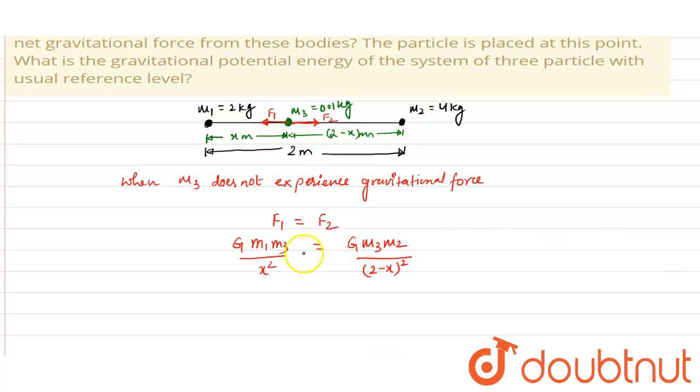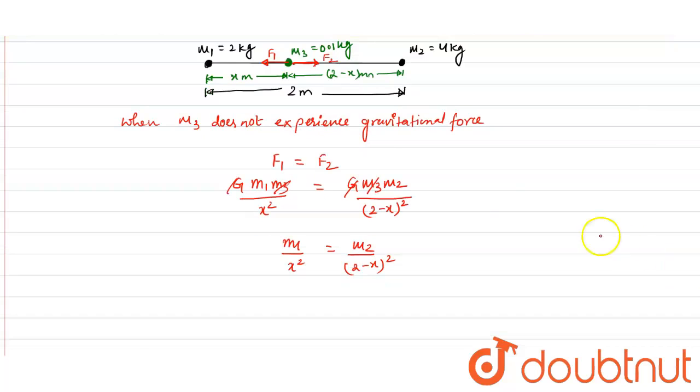Correct. Now from here M3 and M3 got cancelled out, G and G got cancelled out, so M1 by x square will be equal to M2 by 2 minus x whole square. Now from here what we get is 2 minus x whole square upon x square is equal to M2 upon M1.